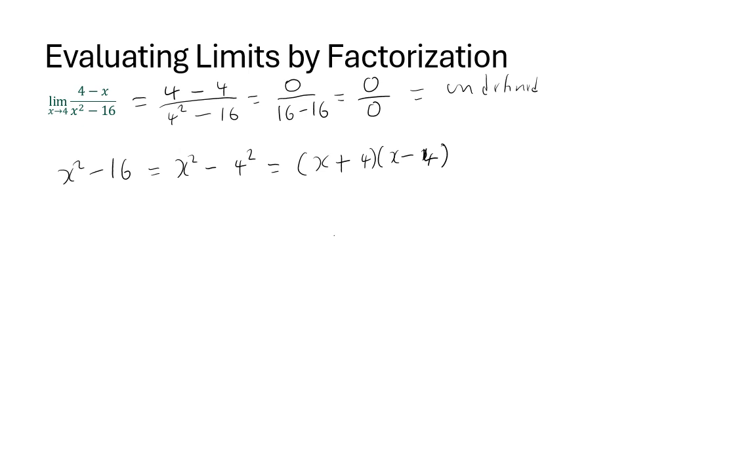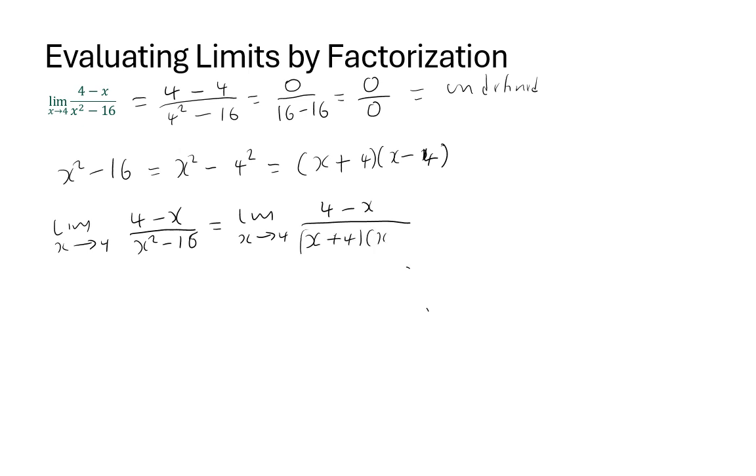Then we just substitute this factorization into this function. So we have the limit as x approaches 4 of 4 minus x divided by, instead of x squared minus 16, we substitute this factorization, x plus 4, x minus 4.